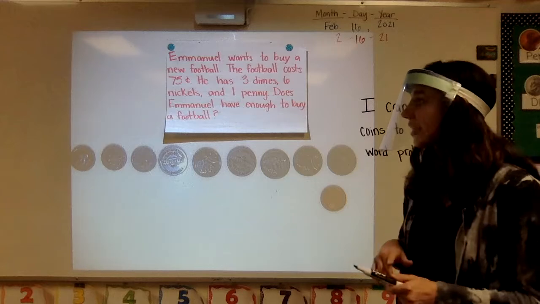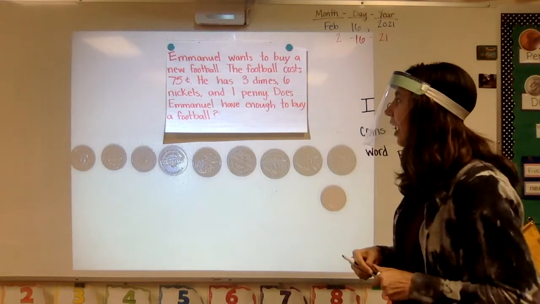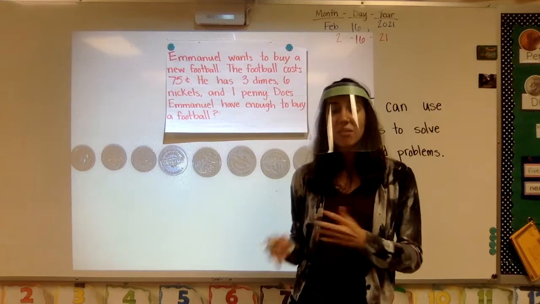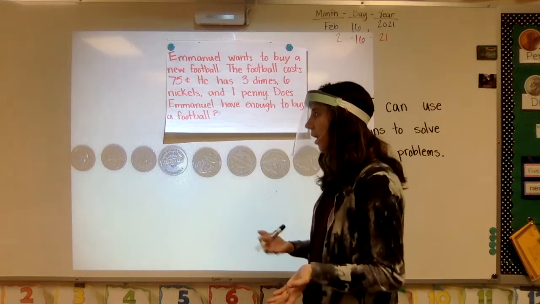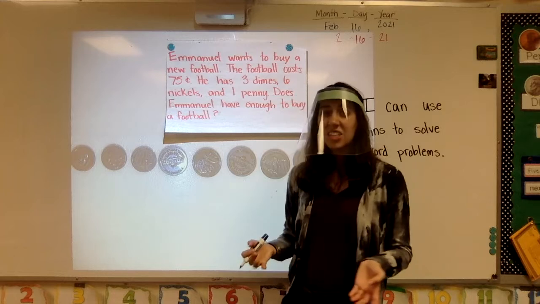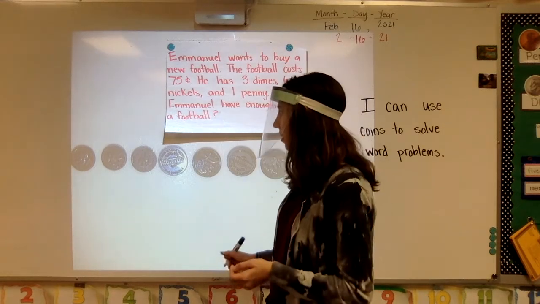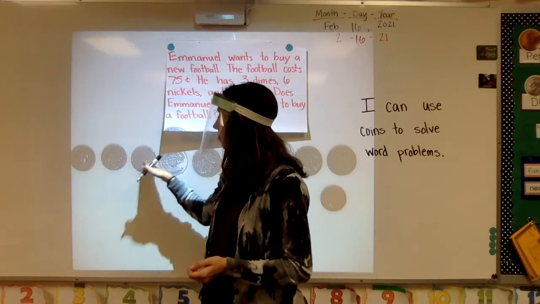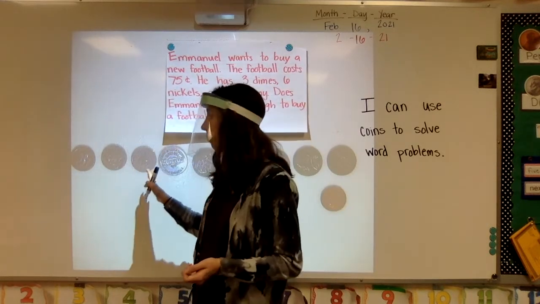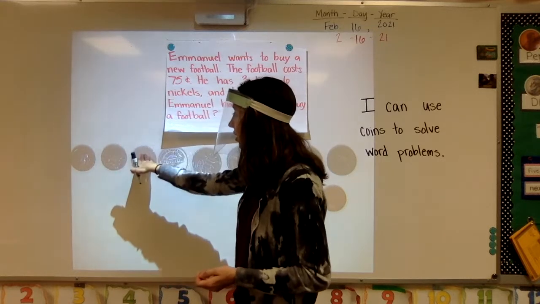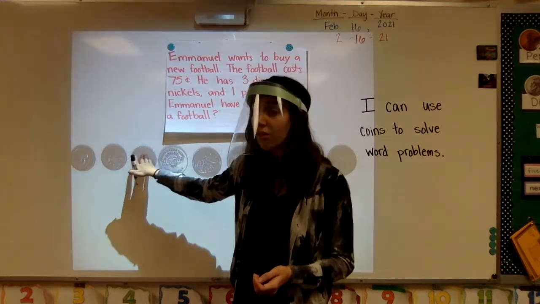Now let's go ahead and count this together and see how much money Emmanuel has. I know Miss Lime practiced without the tick marks, and so I'm going to practice without the tick marks as well, just to see if I can practice counting and switching different types of skip counting. So I know my dimes are worth 10 cents, so we're going to skip count them by 10. 10, 20, 30, and I'm paying really close attention.